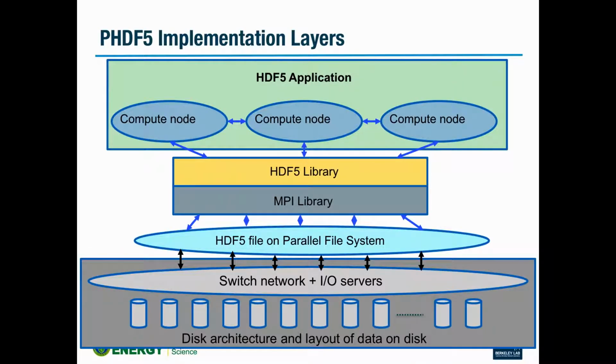More layer cakes, we like layer cakes. Typically, your application is running spread across the compute nodes, right? But they all call into an HDF5 library internally, and I'll tell you why that's important, because you're going to be making collective calls for high performance. So they all have to do things in a concerted and coherent way. We leverage MPI and only MPI right now, right? That is how we do parallel I/O.